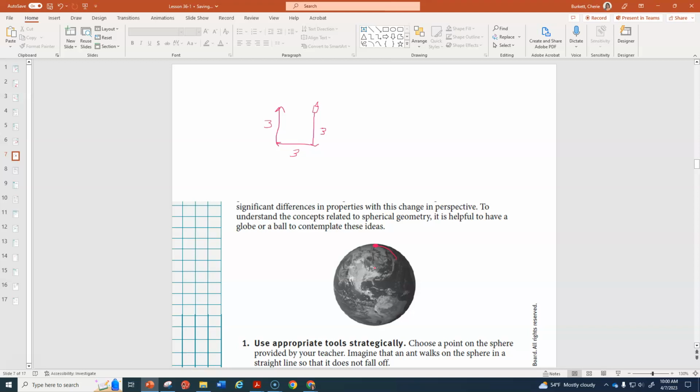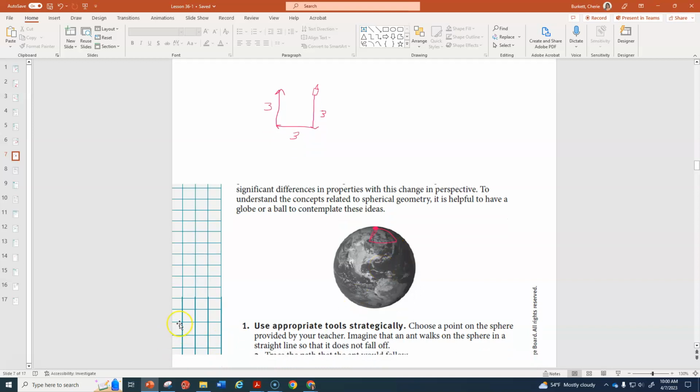Then I'm going to walk 3 miles west. And then when I turn around and walk 3 miles north, I am back at my house. That's because I'm walking along a sphere, not a flat surface. And this is obviously possible. It'd have to be more than 3 miles. But in spherical geometry, north, south, east, and west follow different rules because we're not on a flat surface.